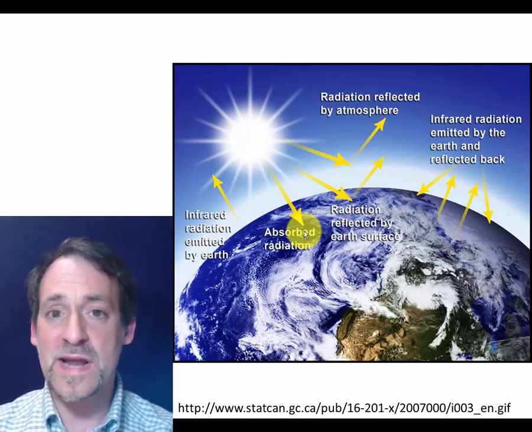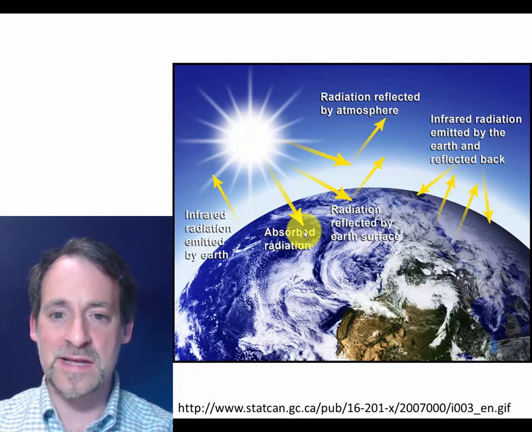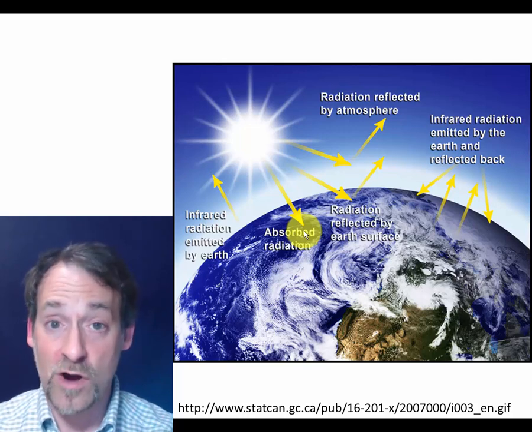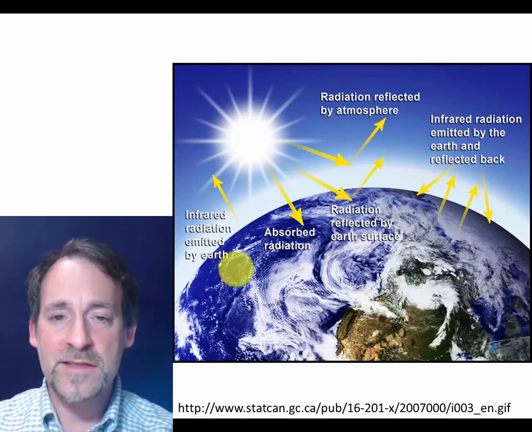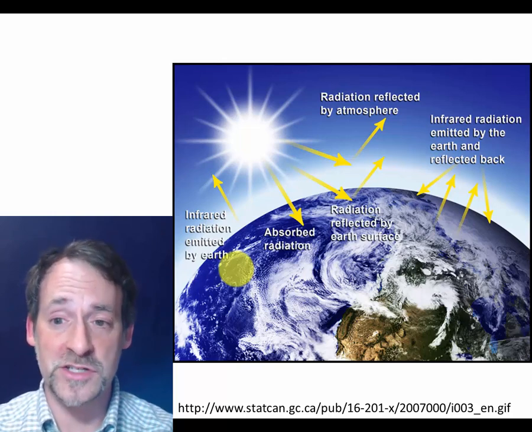In particular, when visible light and ultraviolet hit the ground and are absorbed by the ground, say, they heat up things like rocks or water or trees or what have you, and then they're re-released in the form of heat. That energy is re-released in the form of heat or infrared radiation.